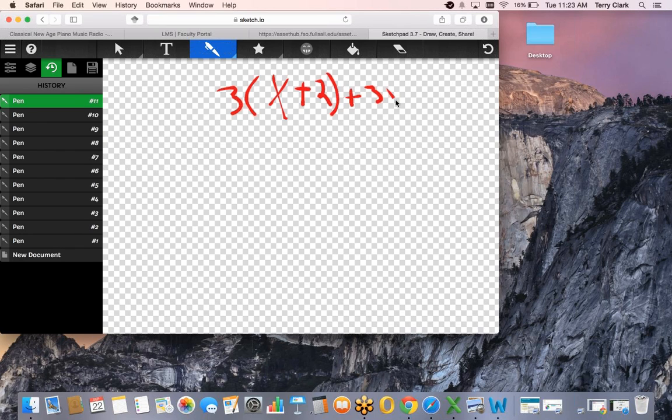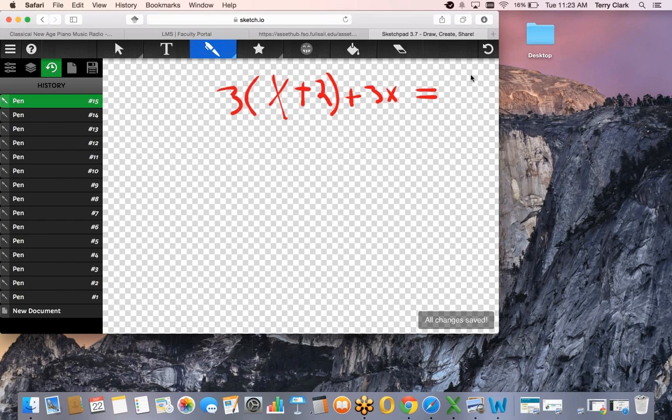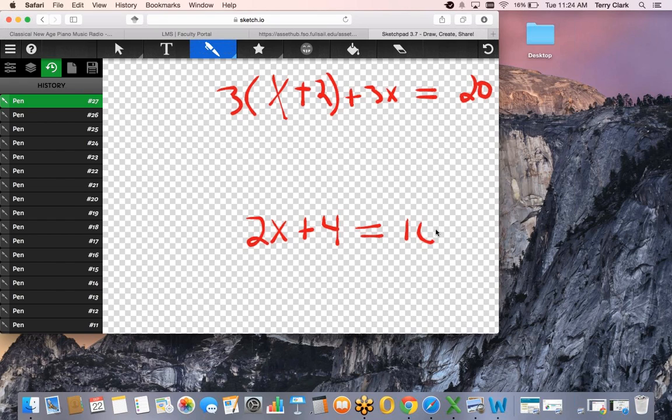And let's see, 3x equals. On the right side here, nothing's going to need to be simplified because it's already just a constant term. Now, here's another one right here, 2x plus 4 equals 10. The bottom one doesn't need to be simplified because there's nothing you can combine.